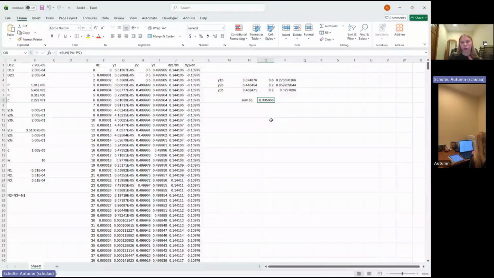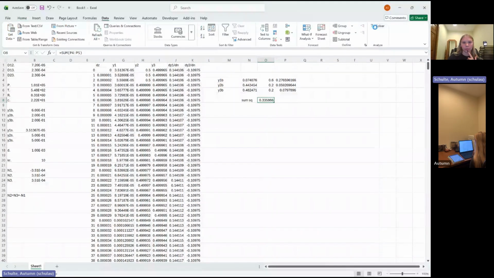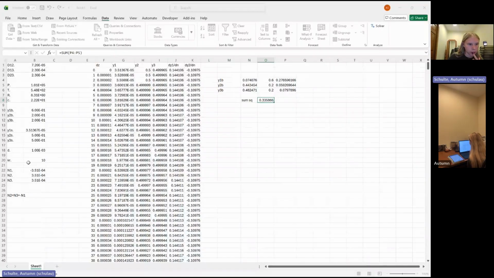So what we're going to do is use Excel Solver. So kind of the same idea that we did last time. We're going to go to Data and Solver. Once again, our set objective is this sum squared value here. We want to minimize that. And our variable cells are going to be our surface mole fractions, because again, we just took the estimate of those.